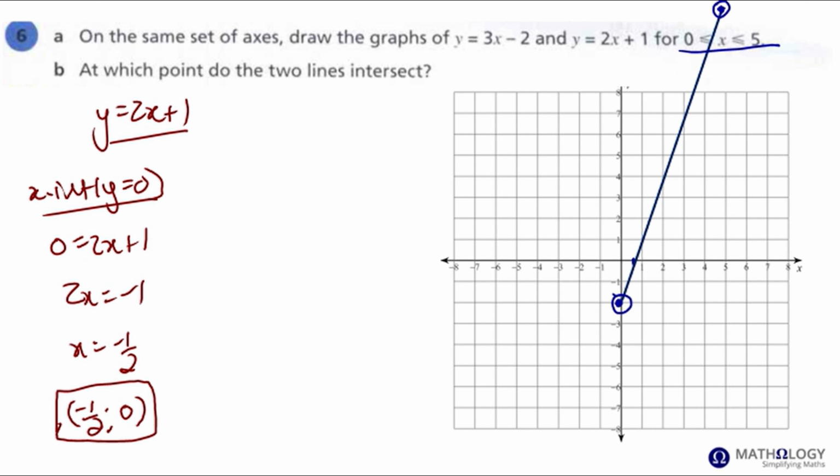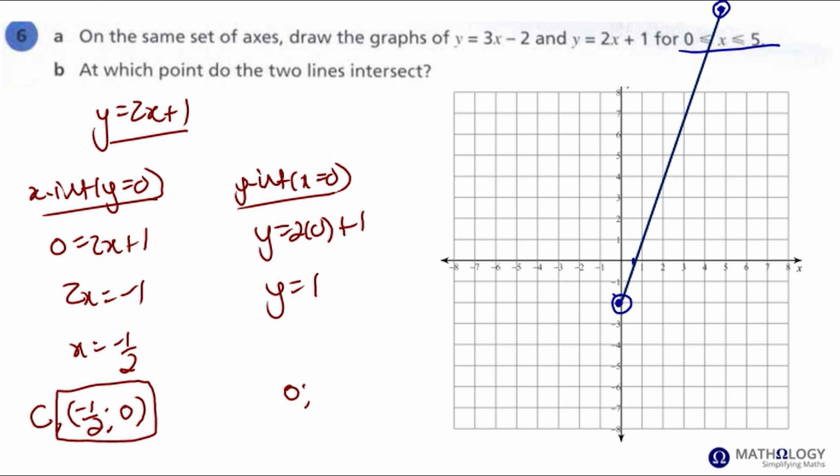We'll call that point C. And then the y-intercept, when x equals 0, y equals 2 times 0 plus 1, y equals 1. x coordinate first, which is 0, then y, and this we will call point D. So (minus a half, 0) is roundabout there, (0, 1) is here, and then we put a straight line through those 2 points.